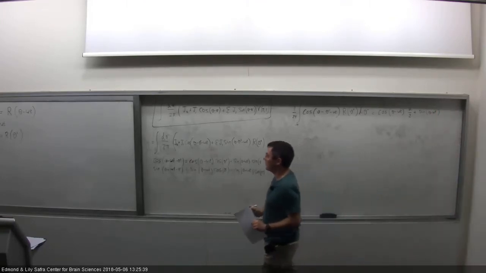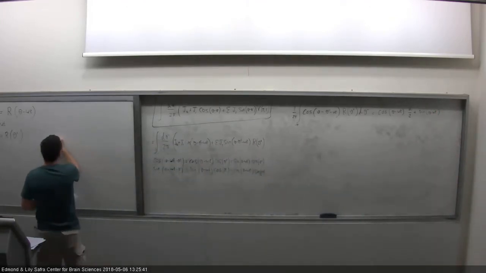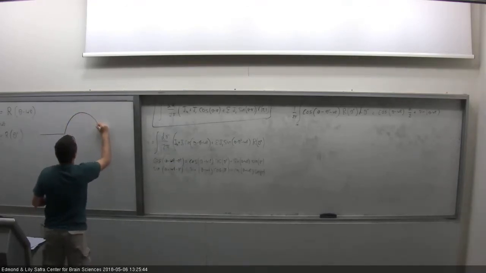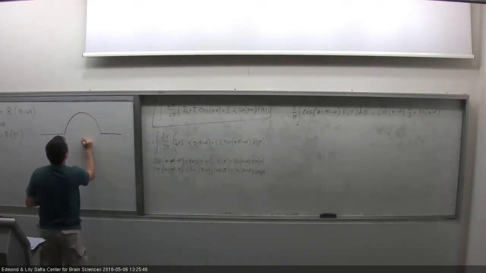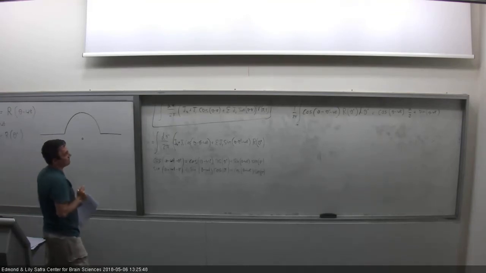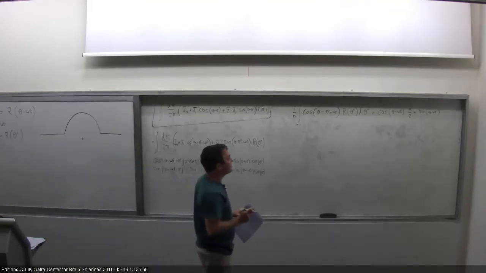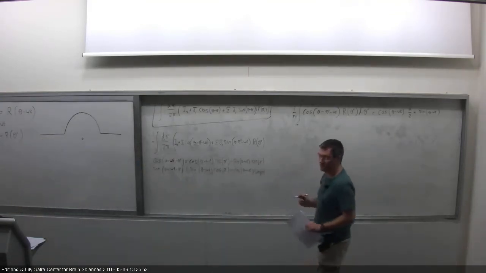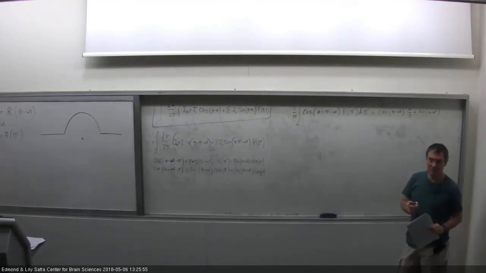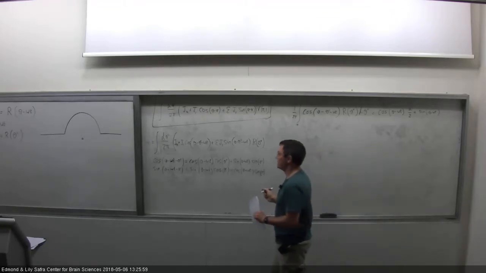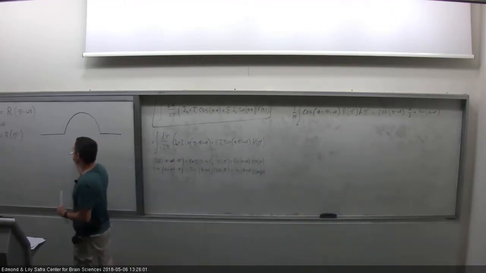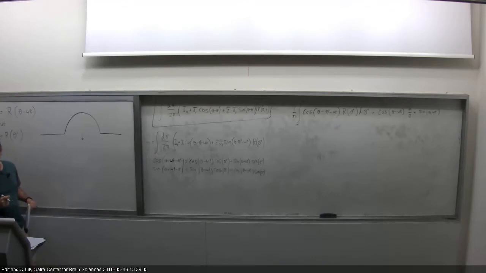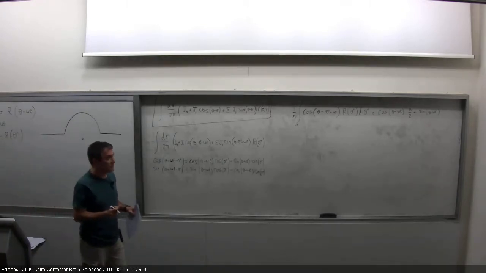Now we are considering our bump, this is our function r. Our bump is symmetric, and therefore B1 is equal to 0. So we don't have a contribution from the second term.